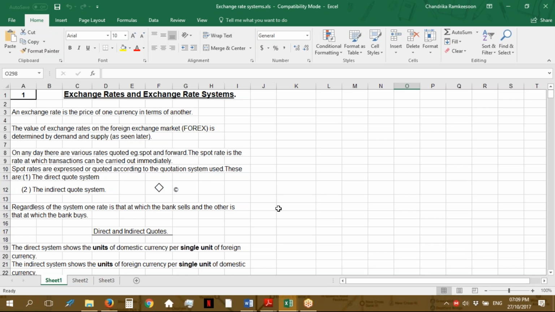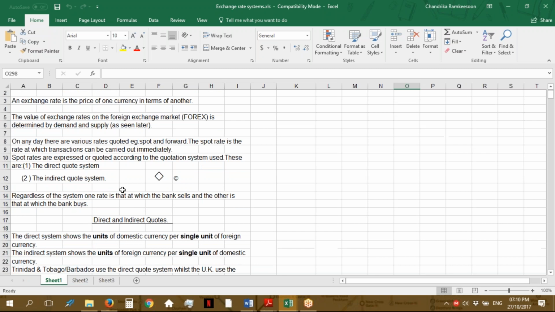Now, the problem there, of course, is that in the UK, the indirect quotation system is used, and it's opposite to what we use here in the Caribbean. And I think that is one of the areas of concern for students. And as simple as it is, some students may still make mistakes when doing the calculations. Remember, as I said, the systems are different.